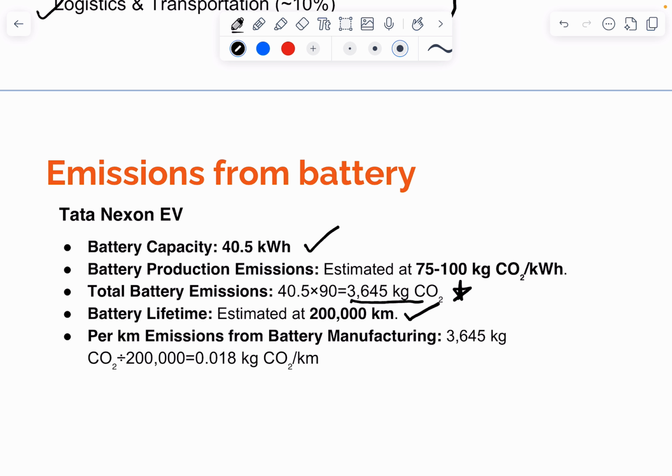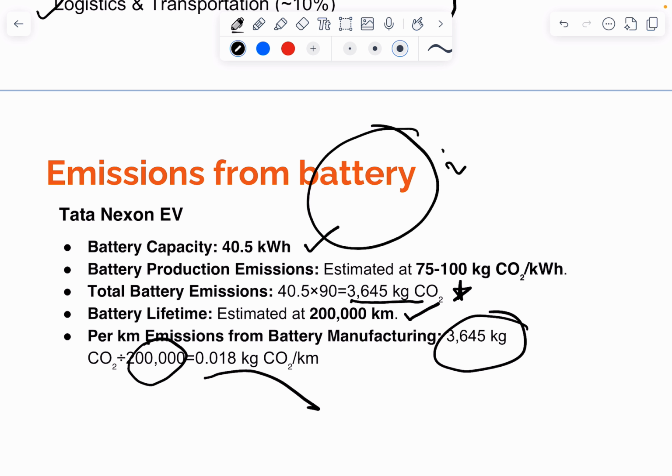As we had earlier said, we are assuming a battery lifetime of about 2 lakh kilometers, and if we divide the total emissions by the total kilometers over the lifetime, we get the specific carbon footprint which goes into the battery manufacturing aspect. So this would be considered in our TWT analysis.